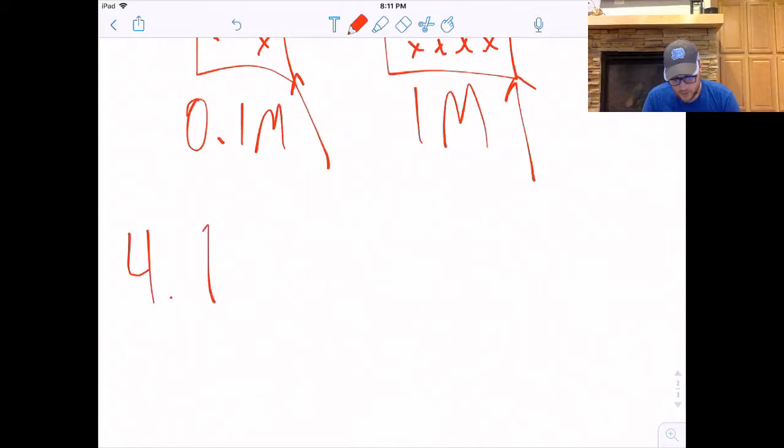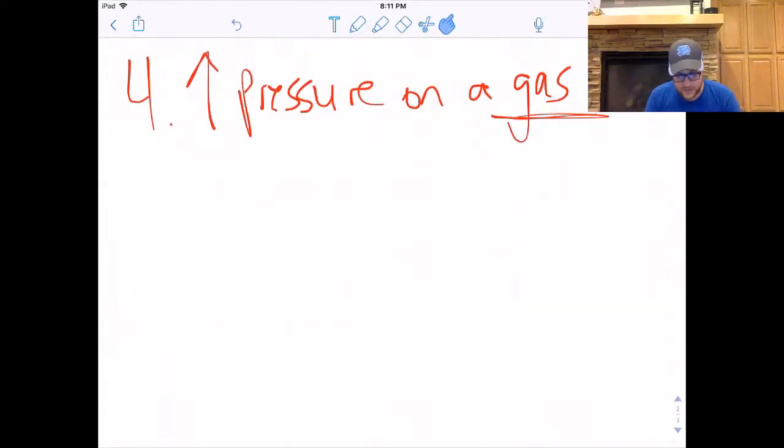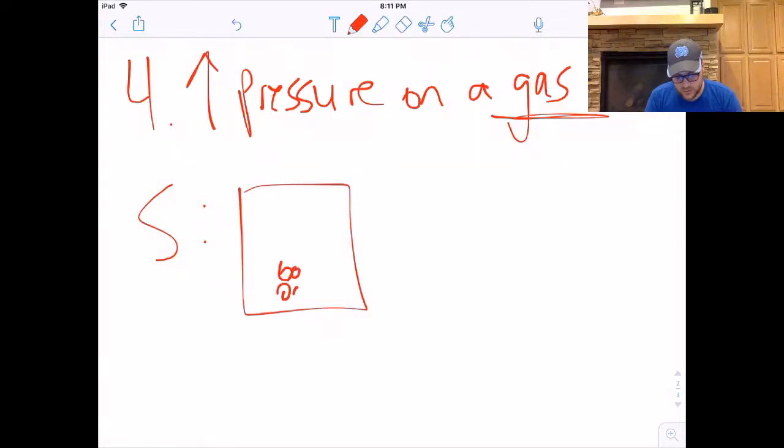You can increase the pressure on a gas, basically just take the size of your container and shrink it down. But that only works for gases because solids and liquids, if we draw a particle diagram for a solid, just to review that, solids are already pretty close together.